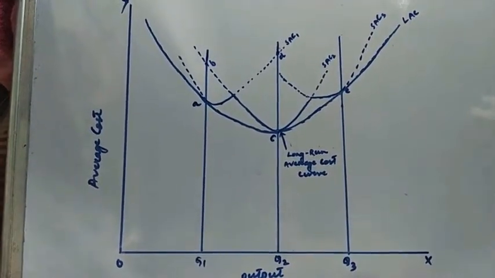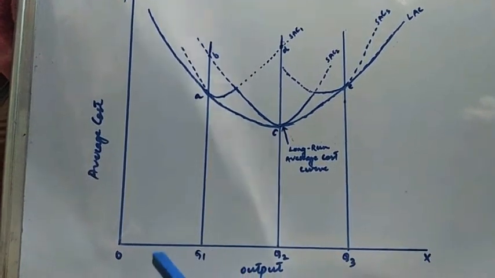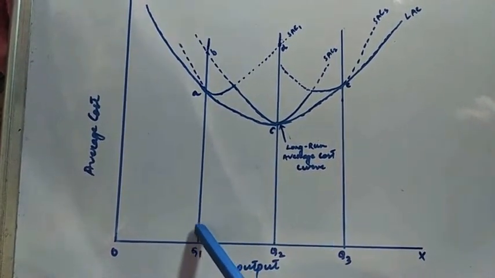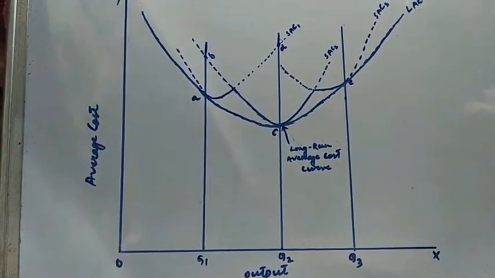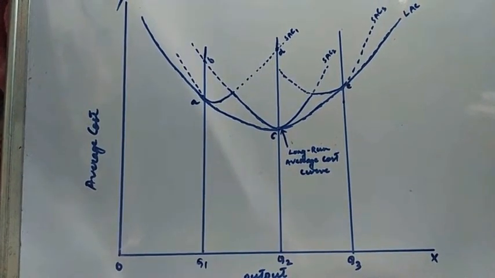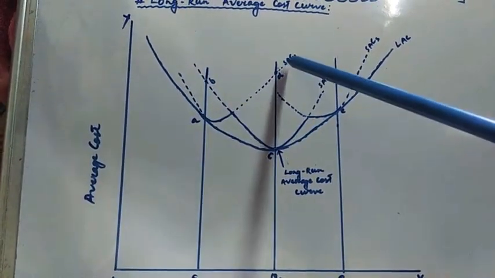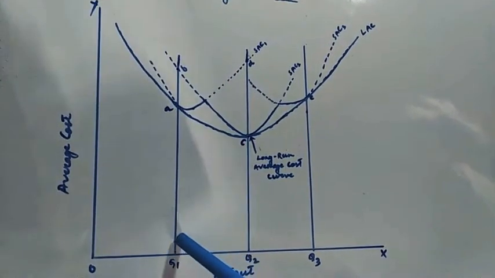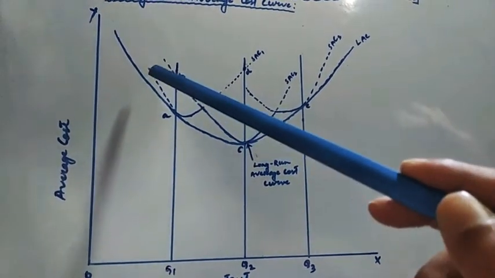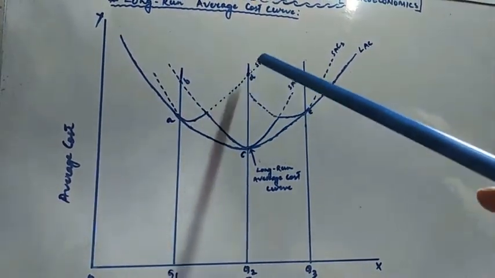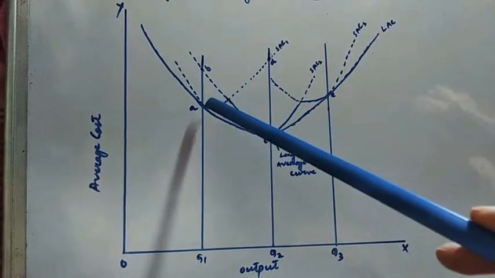Depending on the demand for its product, if the firm decides to produce OQ1 level of output, then it is evident from figure 6 that it will choose to produce with the plant size represented by the short run average cost curve SAC1.